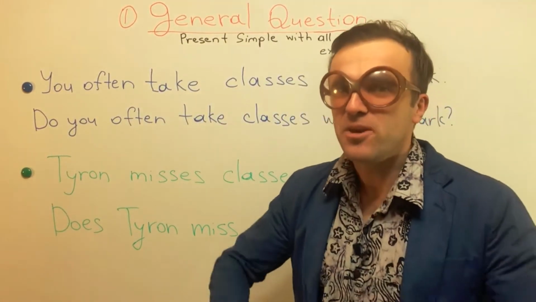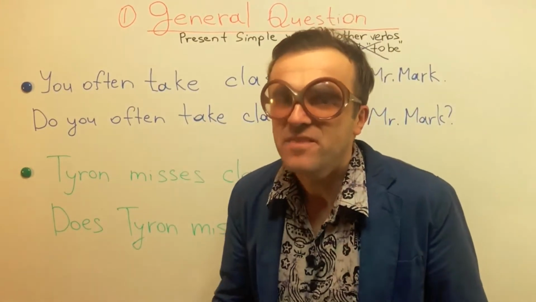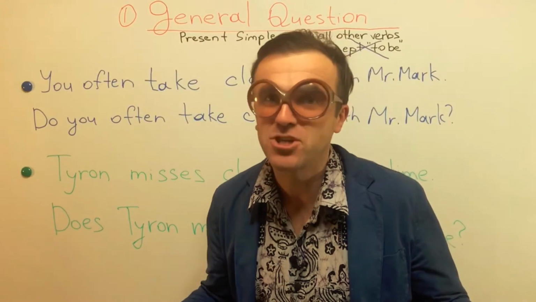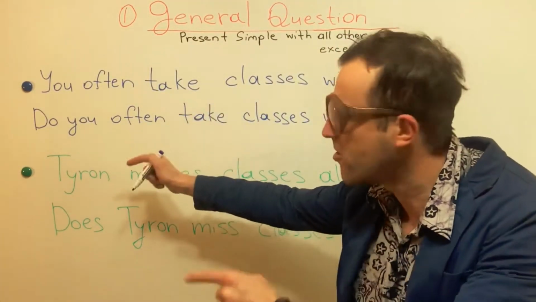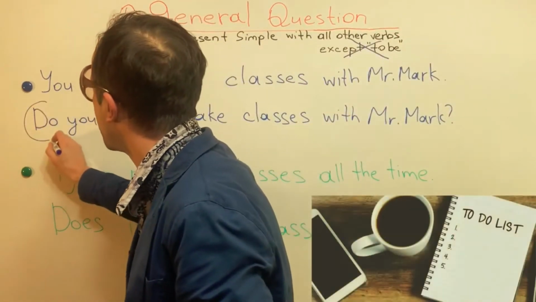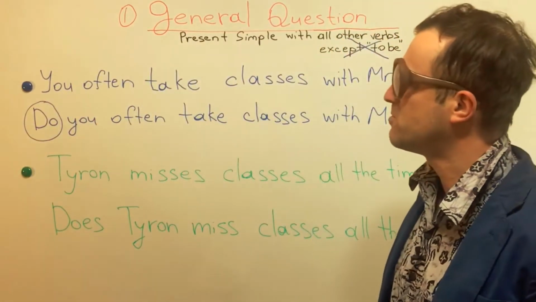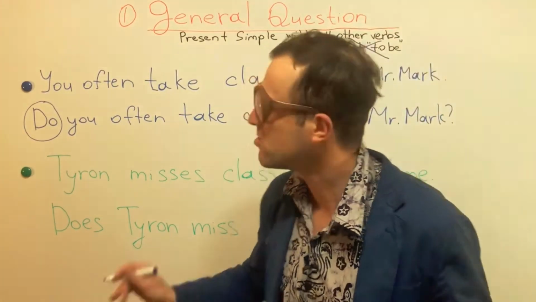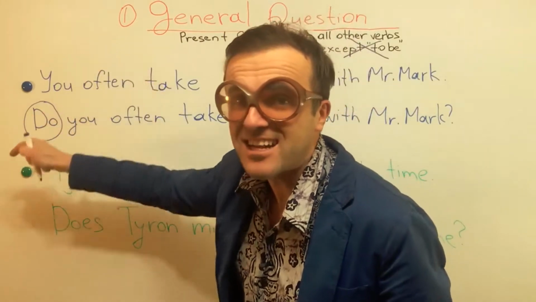And now we have to make up a general question. How can we make up a general question? By means of the auxiliary verb to do. Yes? Do you often take classes with Mr. Mark? Very simple. Just you put do in front of the sentence.